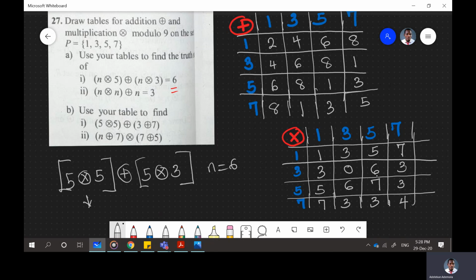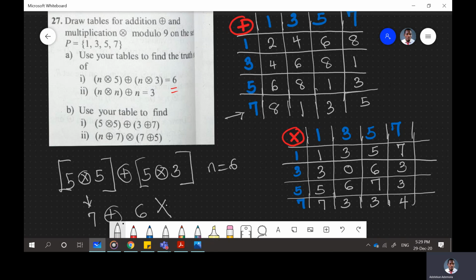From the table, 5 times 5 is 7. And then 5 times 3 is 6. Now 7 plus 6. Now I have 7 here in the addition side, but there is no 6 there. So that automatically cancels this option.